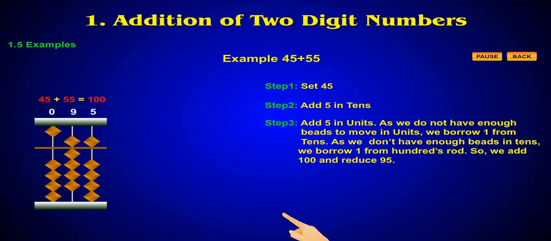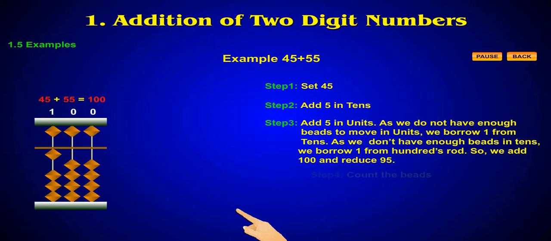As we do not have enough beads to move in units, we borrow 1 from tens. As we don't have enough beads in tens, we borrow 1 from hundreds rod. So, we add 100 and reduce 95. Step 4. Count the beads.